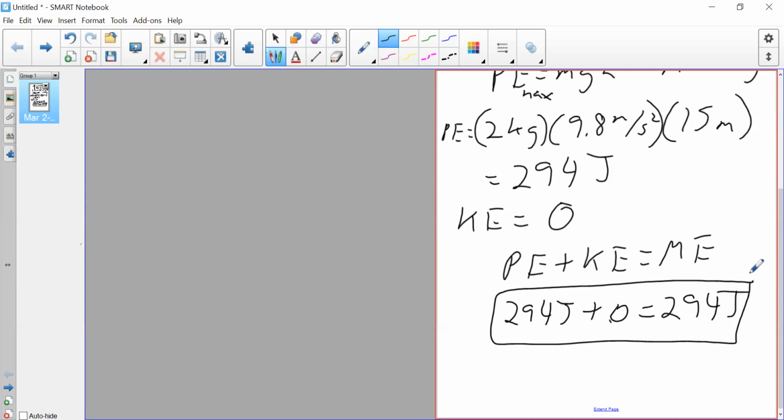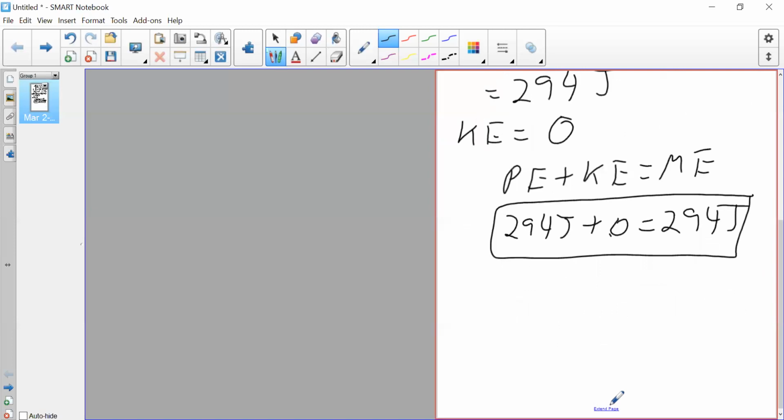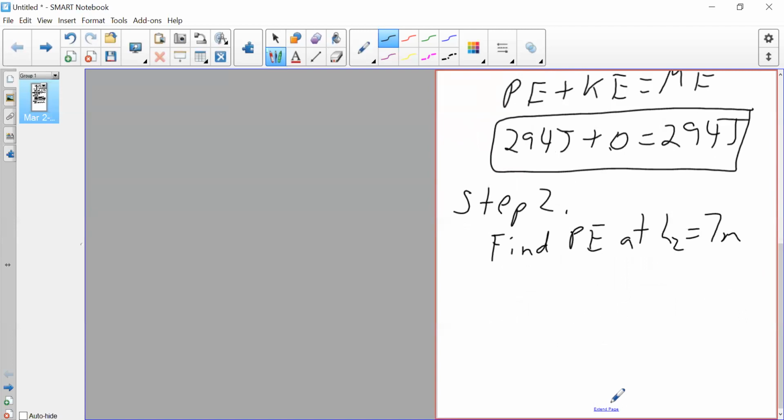So let's go now to step 2. Find the potential energy at H2. Seven meters.